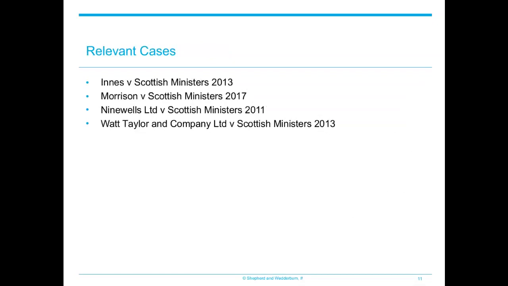That the court can find for or against an appellant based on the evidence that they present, and whether or not they are believed, is demonstrated in the contrasting cases of Innes v. the Scottish Ministers in 2013 and Morrison v. the Scottish Ministers in 2017. Both appear on the face of things to be broadly similar in their facts.